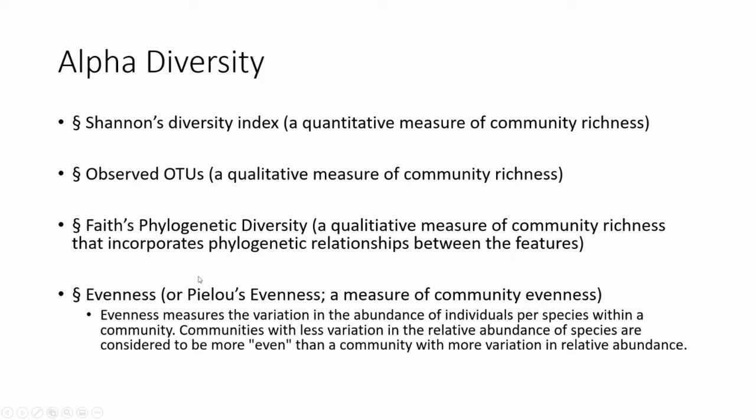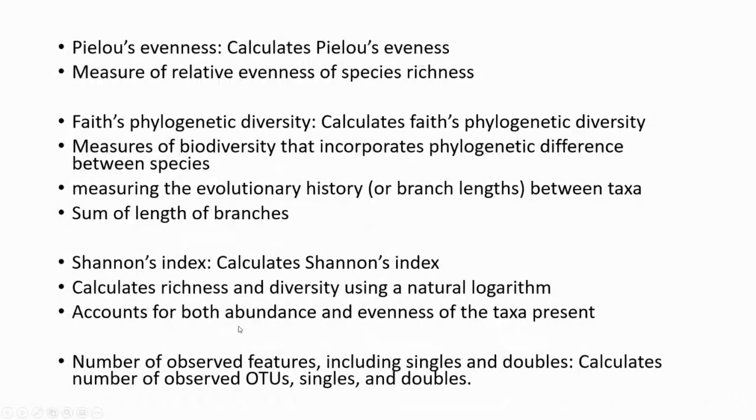Evenness measures the variation in the abundance of individuals per species within the community. A community with less variation in the relative abundance of species is considered more even than a community with more variation. These are terms you need to know when we analyze the data.